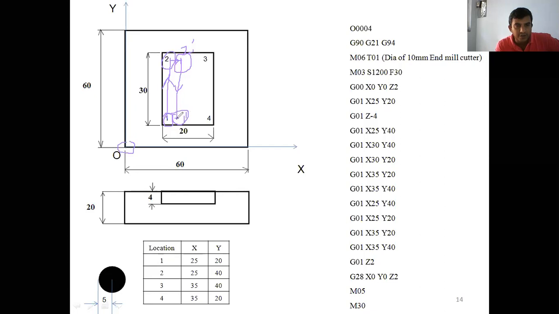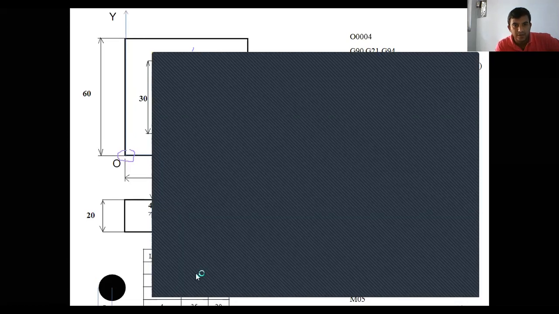Now what type of tool movement is it? Can anyone tell me? This is what we call the zigzag method. We're going to move the cutting tool from 3 to 4 again, right?